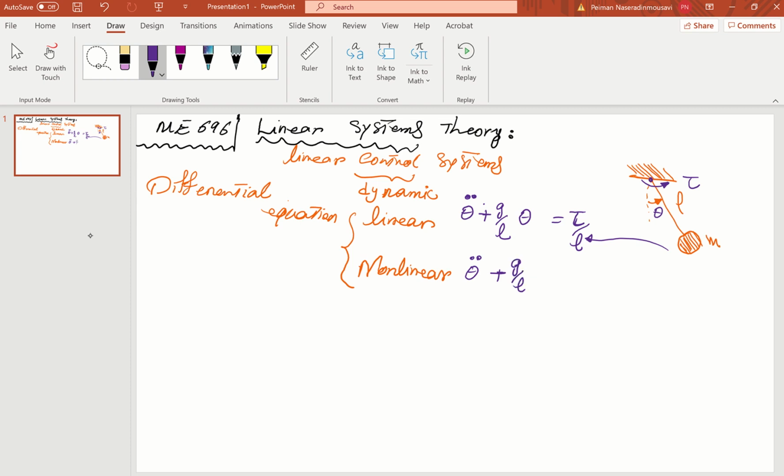G over L, theta, is equal to tau over L. So I linearize this nonlinear differential equation, which is an ordinary differential equation, not a partial differential equation. We are talking about ordinary differential equations, not partial differential equations. So we are linearizing this and we get this.